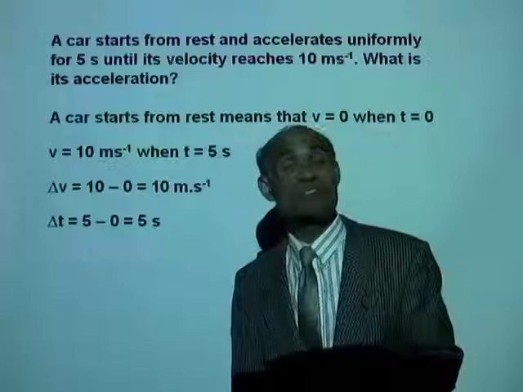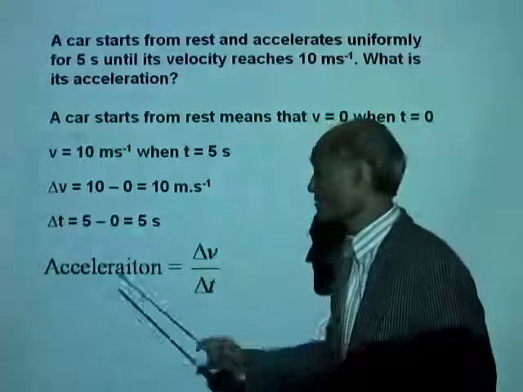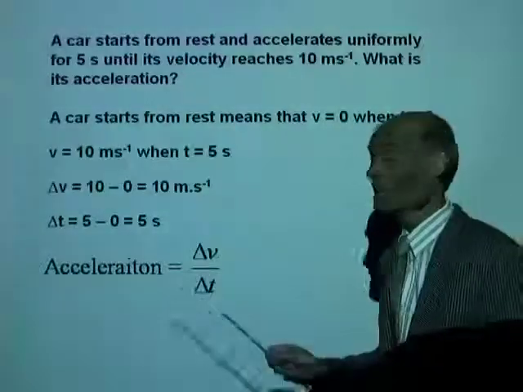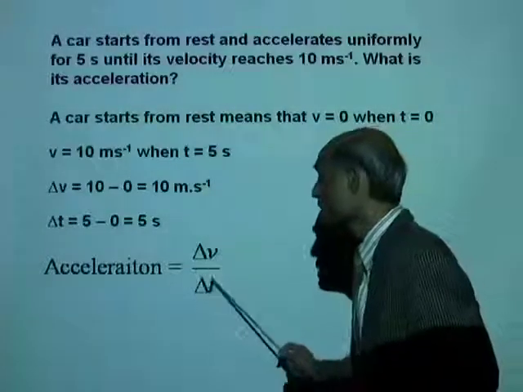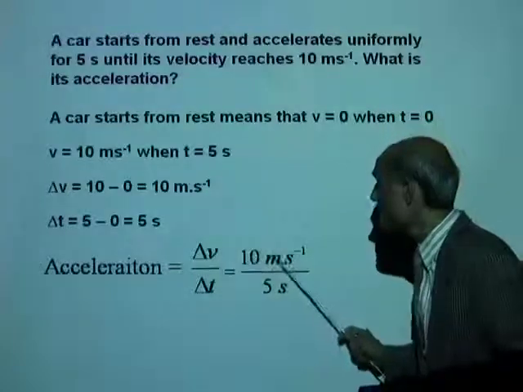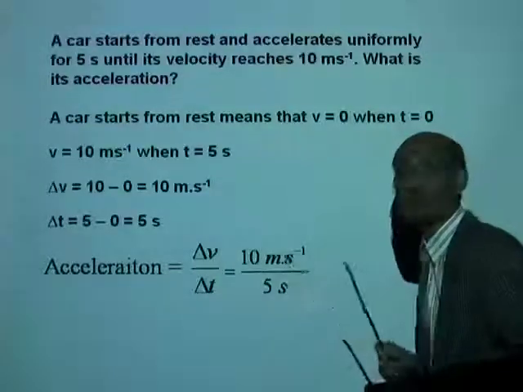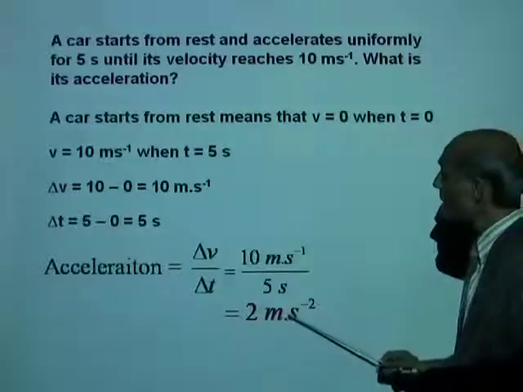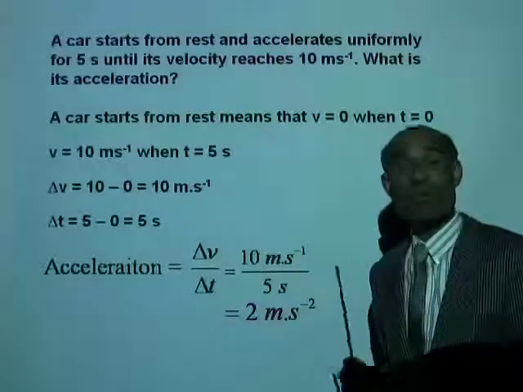What is the definition of acceleration? Acceleration is delta v divided by delta t. The change in velocity divided by the change in time. That will be 10 meters per second divided by 5 seconds. That will be 2 meters per second squared.